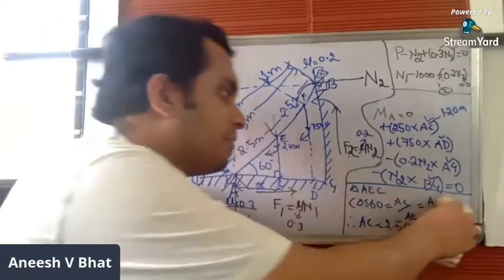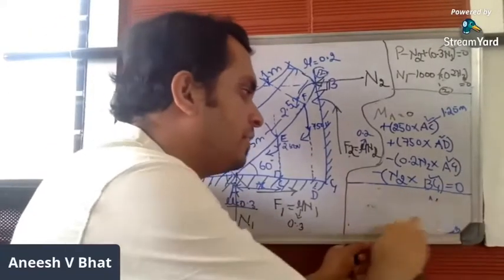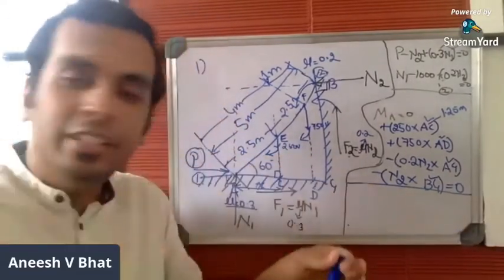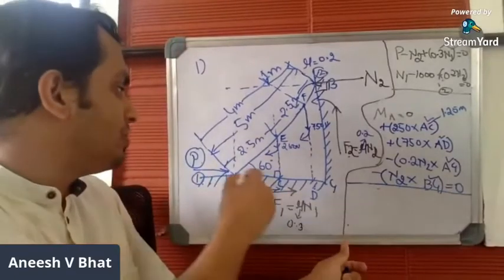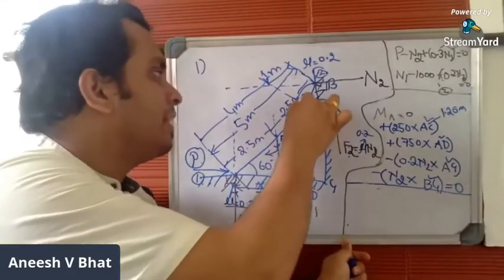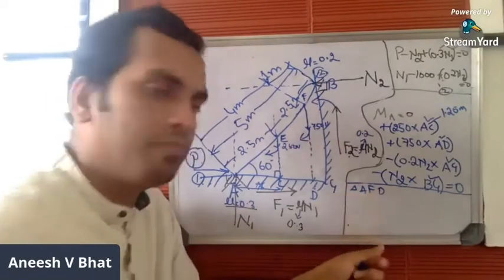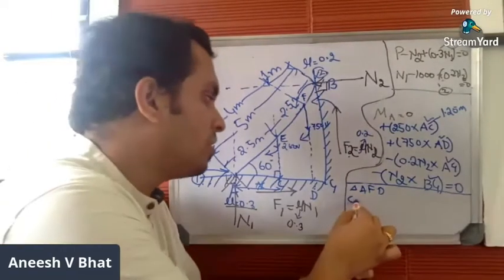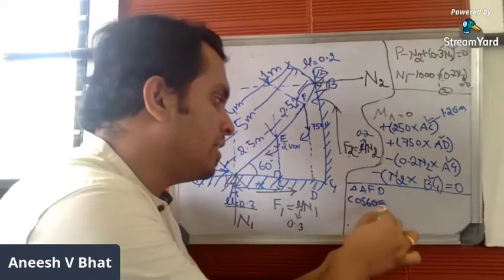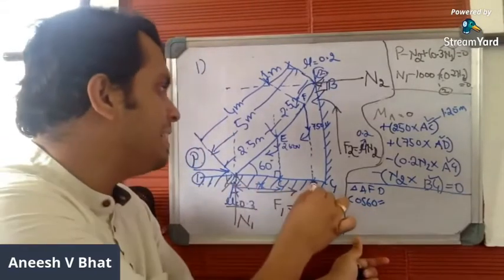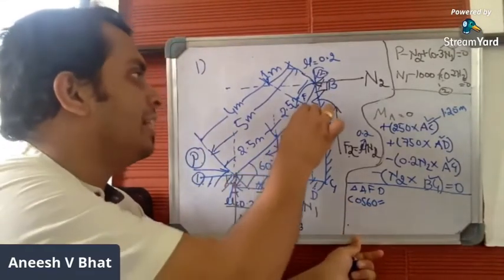Similarly, we have to find the value of AD. In order to find the value of AD, consider triangle AFD. So what is cos 60 in this triangle AFD? It is AD by AF.